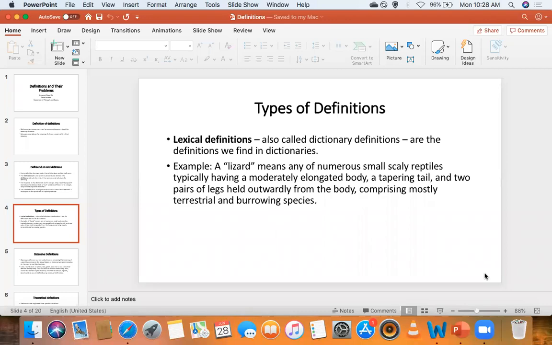So this sentence is a definition. What does this sentence do? The sentence provides information about the meaning of something, in this case, lizard. And this is a lexical definition.